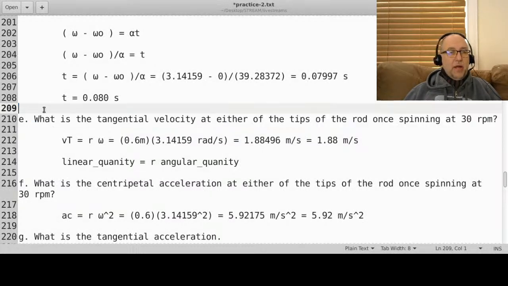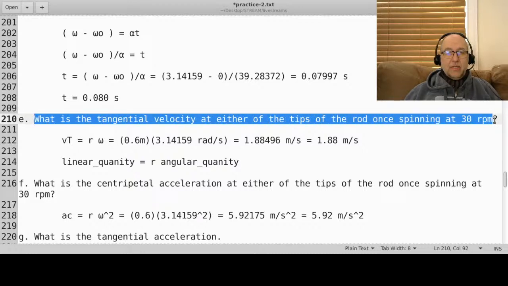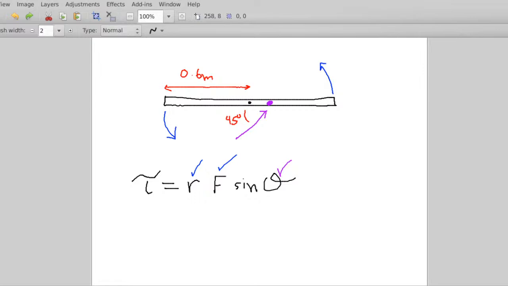All right. So at this point, I ask, what is the tangential velocity at the tip once it's spinning at 30 RPM? Just to show you what that means, let me switch back to this. Now we're looking at a point on the tip here, and I'll do that in red.